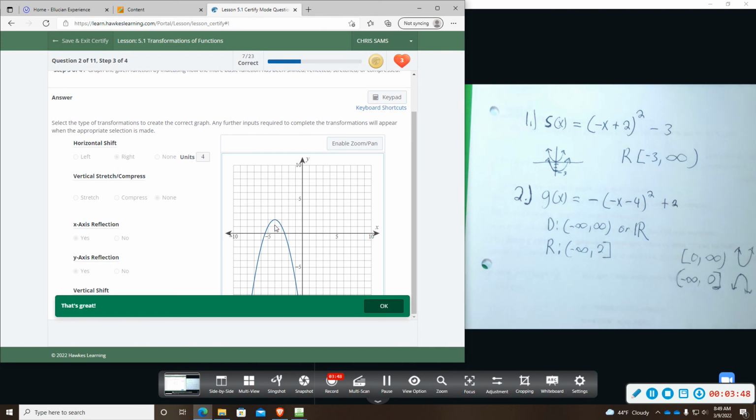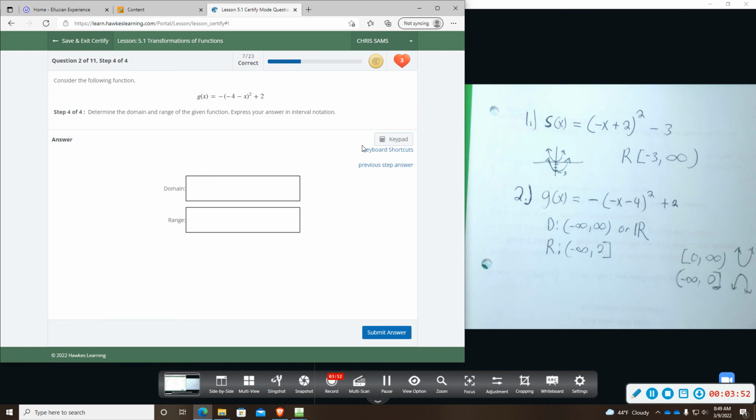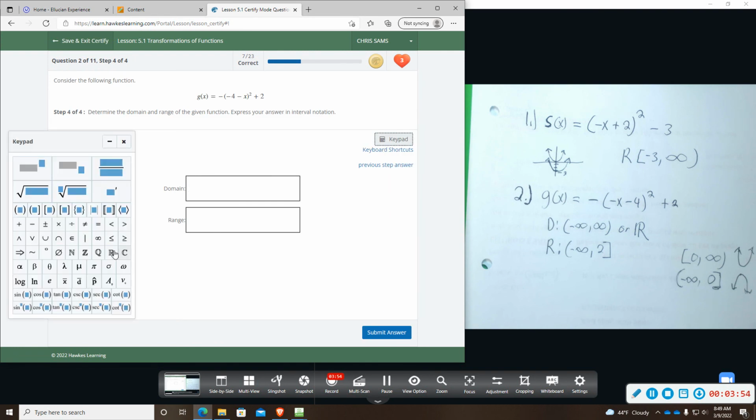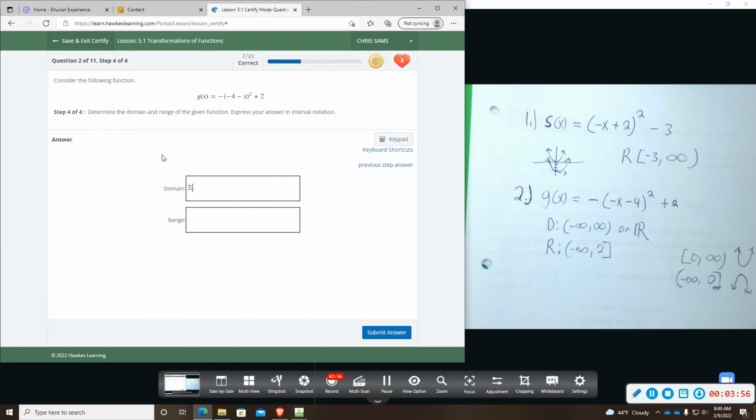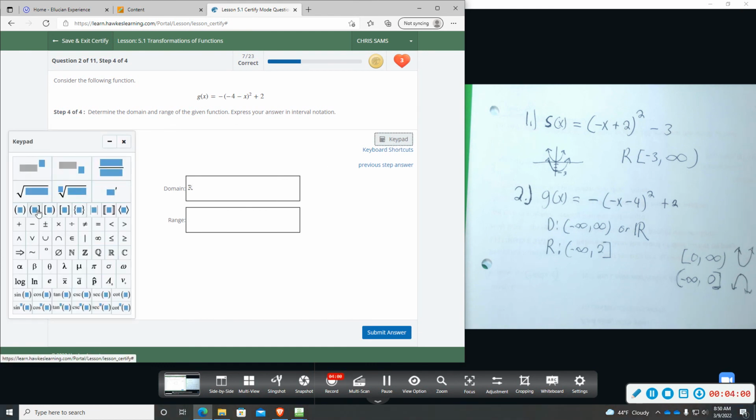Okay. So domain, I'm just going to do the all real number symbol, and then range, we need the open and then close interval, -infinity to 2.